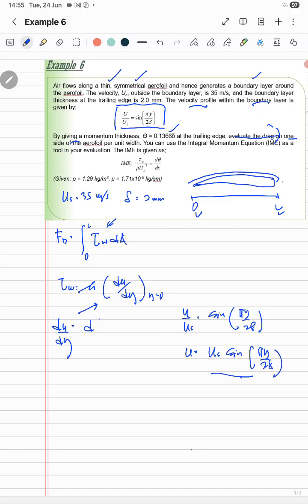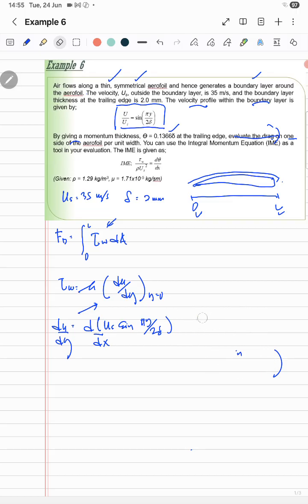u is U∞ sin(πy over 2δ), differentiated with respect to y. Okay, so I erase this one.